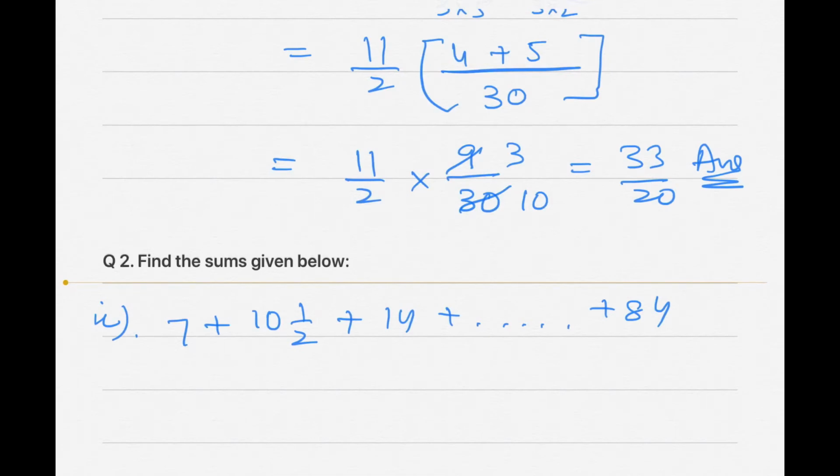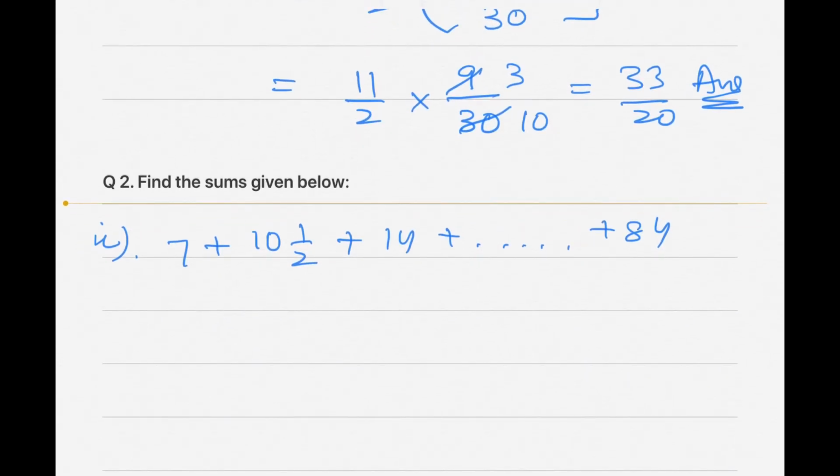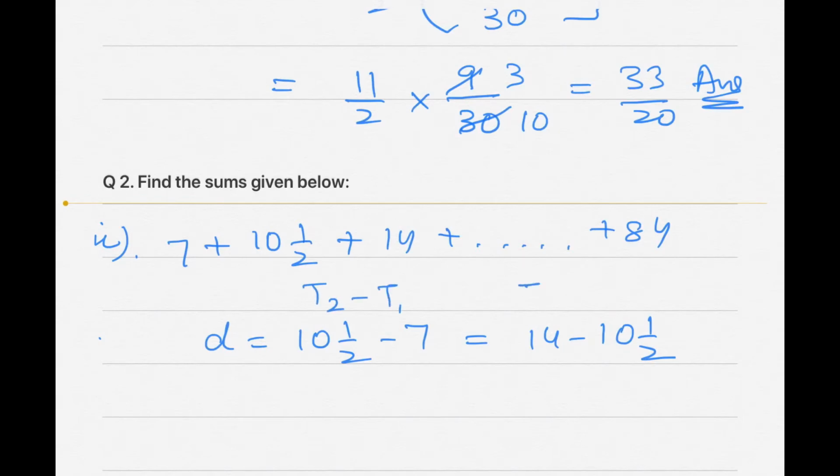So the first term I know is equal to 7, but let's first find out whether they are in AP or not. So D is equal to 10.5 minus 7, which should be equal to 14 minus 10.5. So this is basically the second term minus the first term, and this is the third term minus the second term.